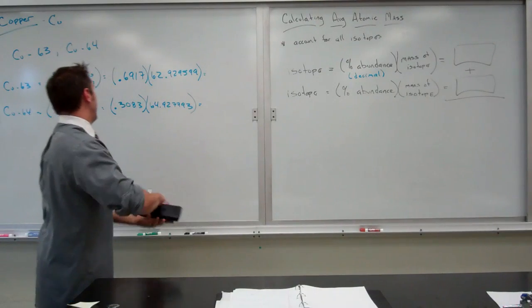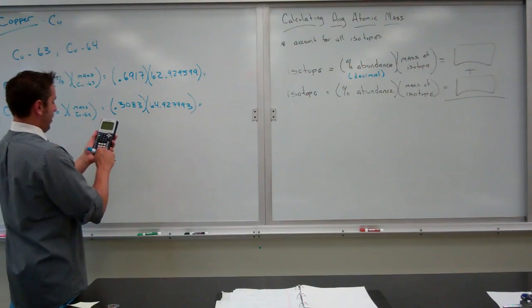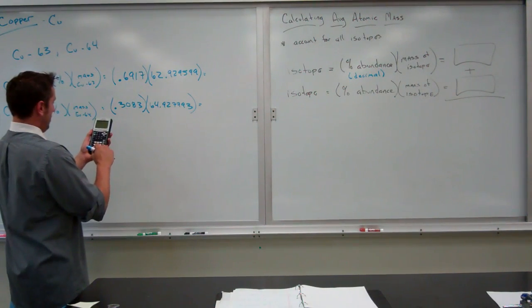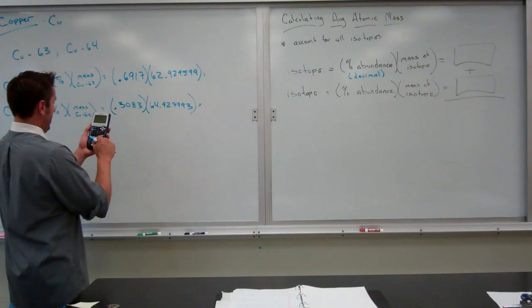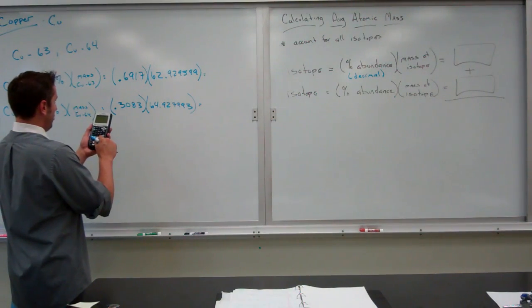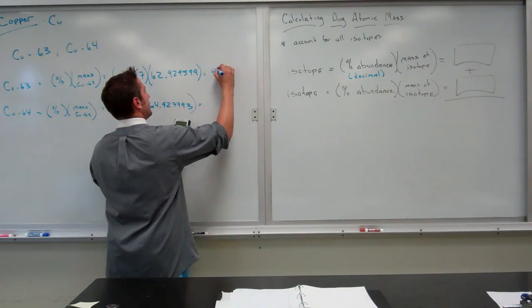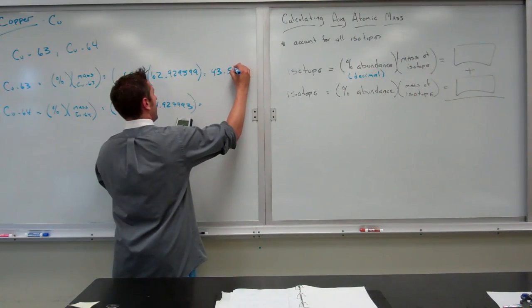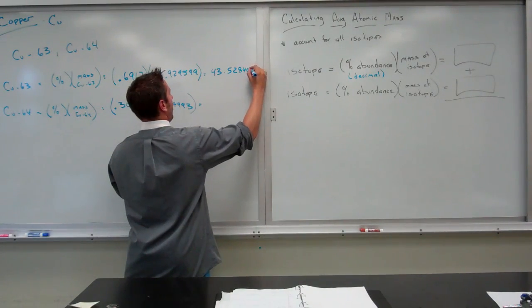So you take out a calculator. We'll take our 0.6917 times 62.929599, and that tells me that this is 43.52843.